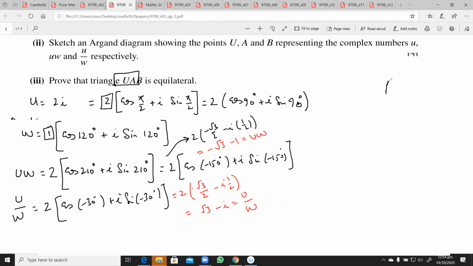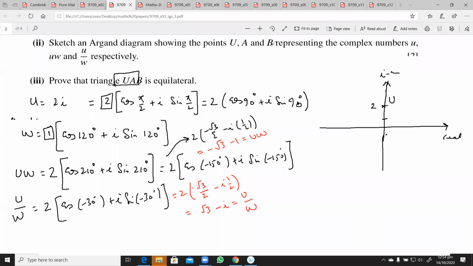Here is the imaginary axis, and here is the real axis. You should mention that this is the real axis and this one is the imaginary axis. It has got marks. So it says U has to represent u, which is 2i. 1, 2. This is 2i. So this is U over here.